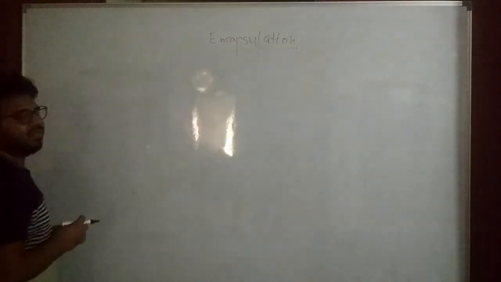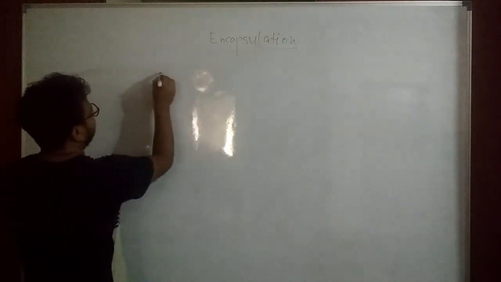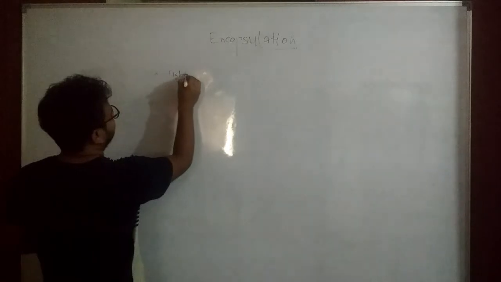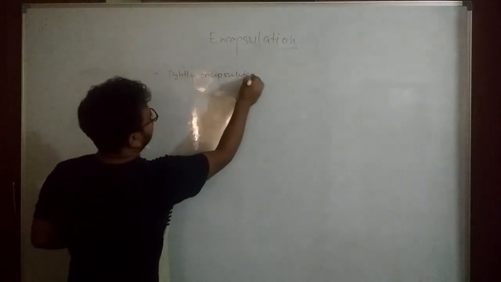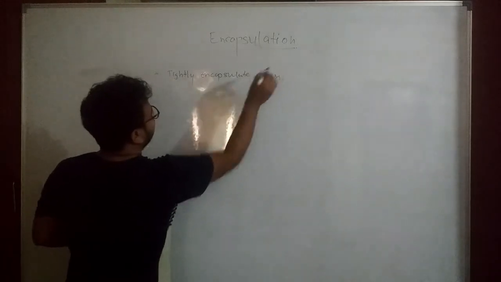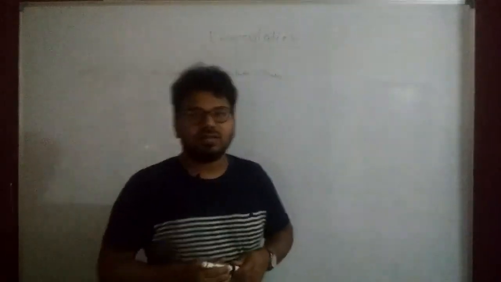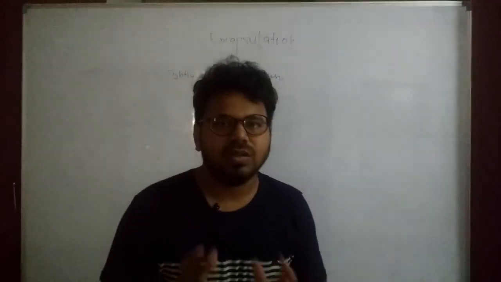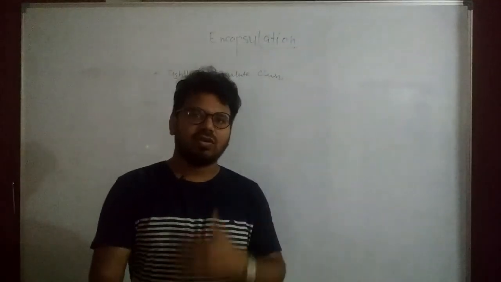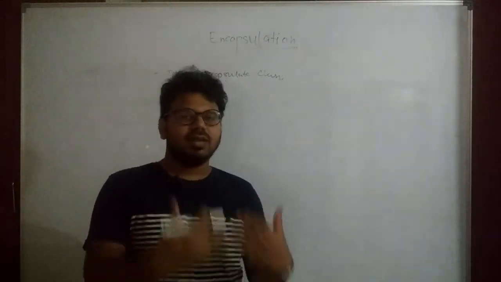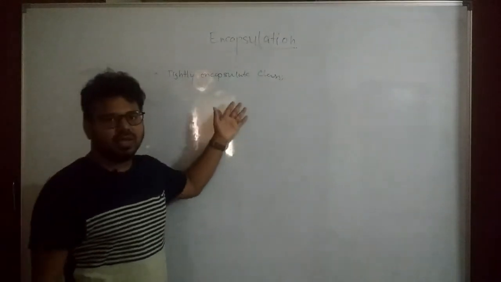Here is one more scenario I want to tell you about, the tightly encapsulated class. What is a tightly encapsulated class? A tightly encapsulated class is a class in which all the instance variables are private and are accessed through getters and setters.